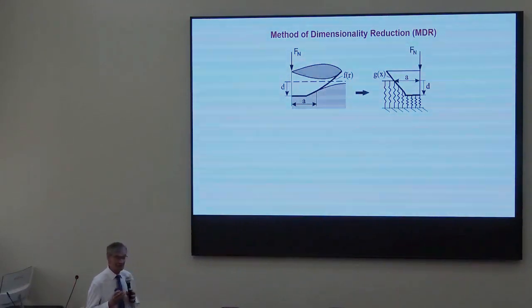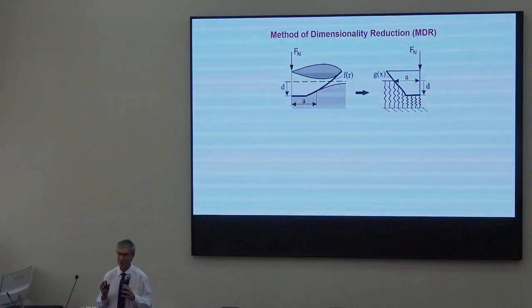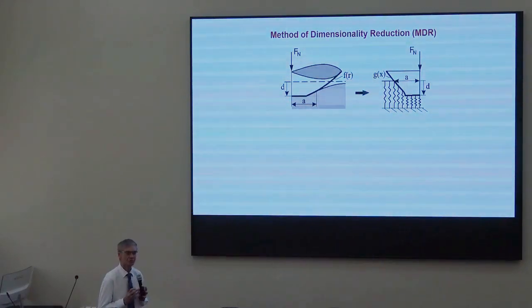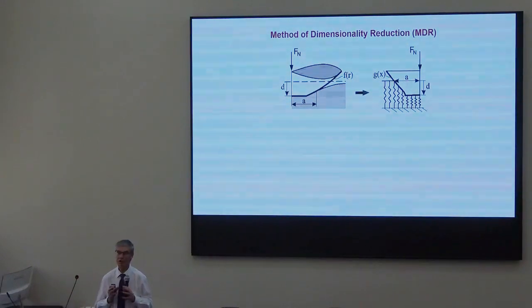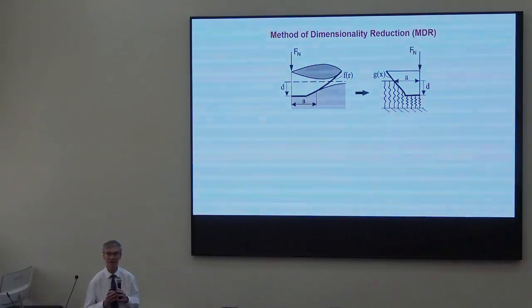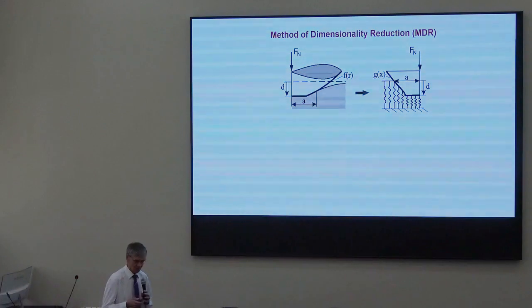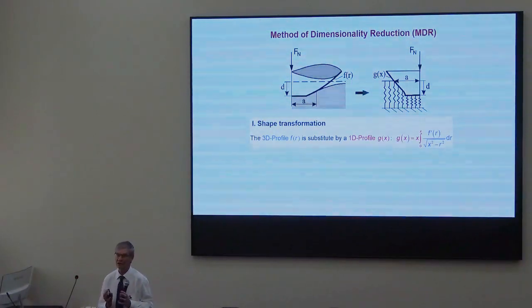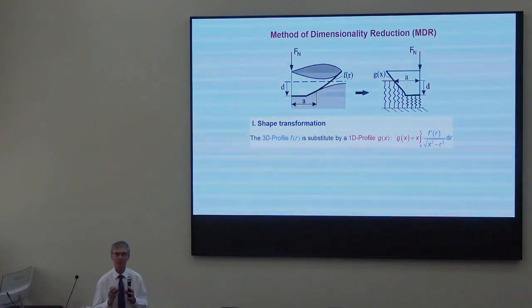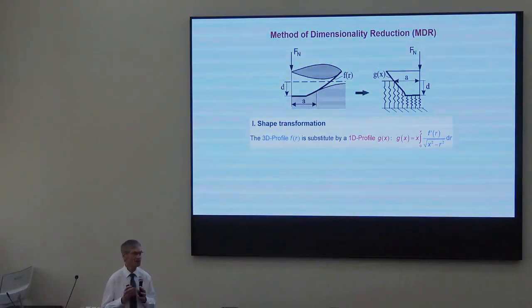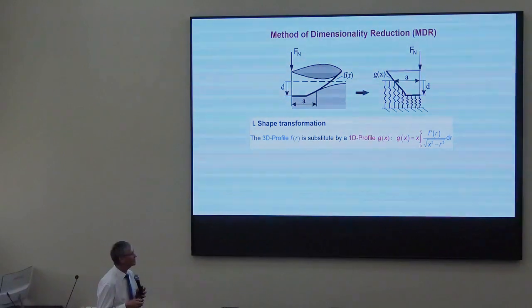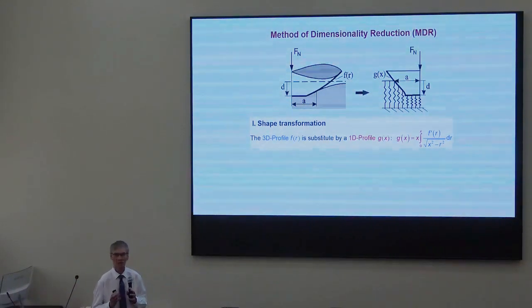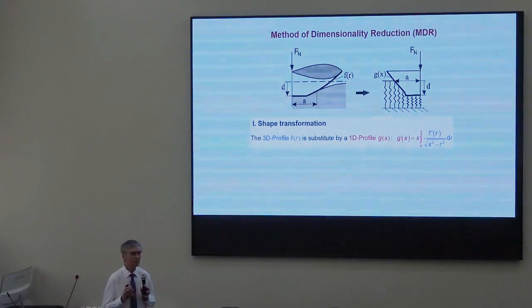The procedure consists of replacing the true three-dimensional contact problem by a fictive one, which, however, will have the same contact mechanical properties. The first step is replacement of the three-dimensional indenter shape by another plane shape, and this is made with the Abel transformation. This transformation is made only once for all further use.